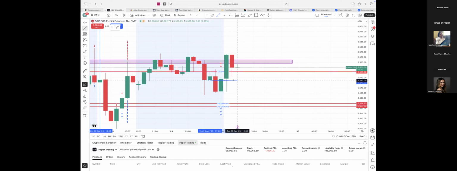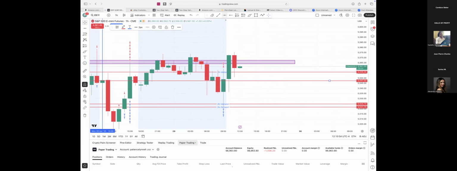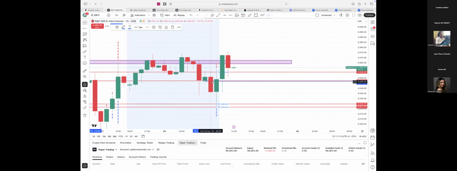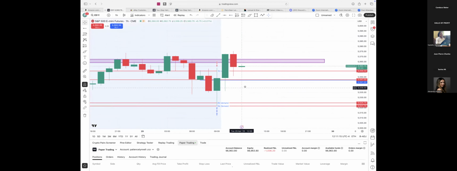Do a horizontal line, the horizontal ray, the one to the right. Yep, this one. And you're putting it at the open of the last green candle? It will automatically attract to the open once you're hovering over it, or if you're hovering over the wick, it will attract directly to the wick, so it will attract to the accurate price. Okay.